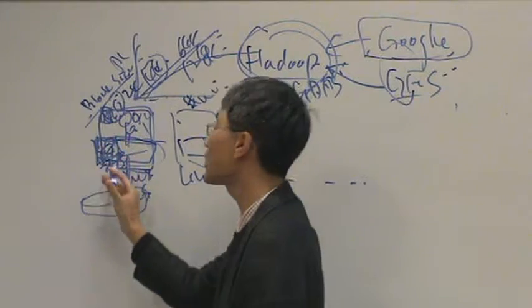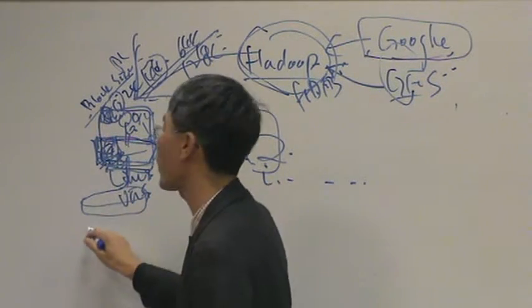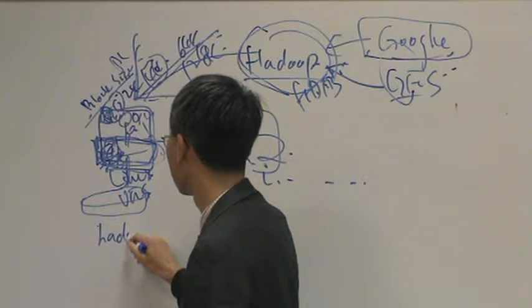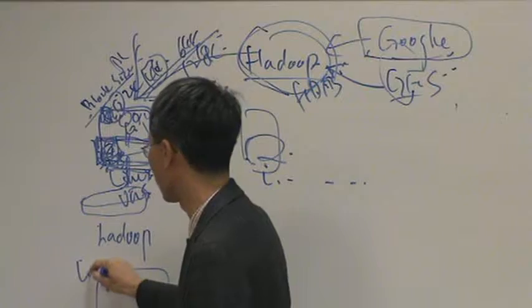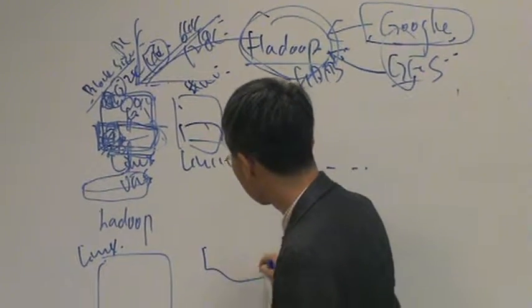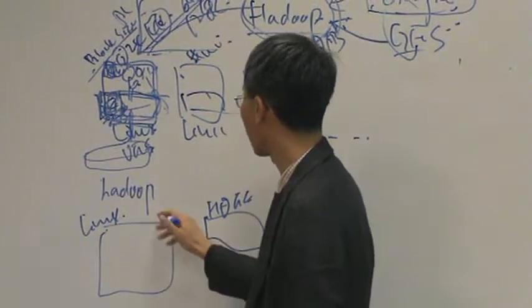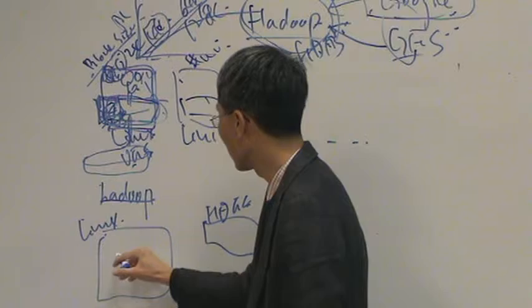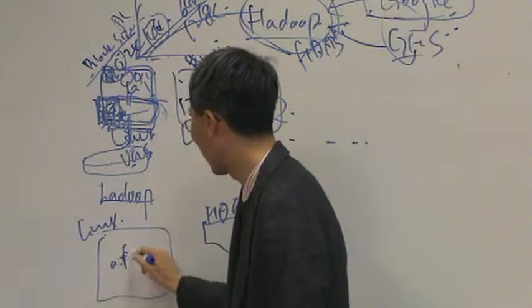So this file system is running on top. How can we use it? There is a command like the hadoop command. This is your operating system, like the Linux file system, and this is HDFS.